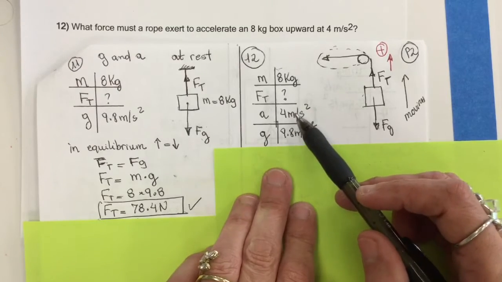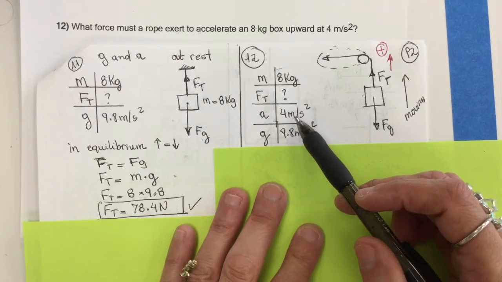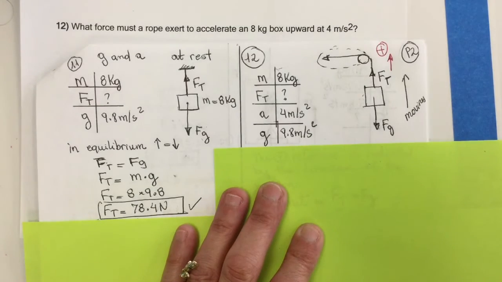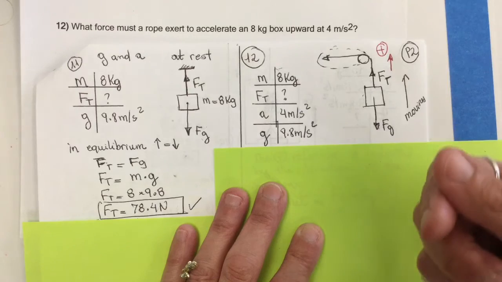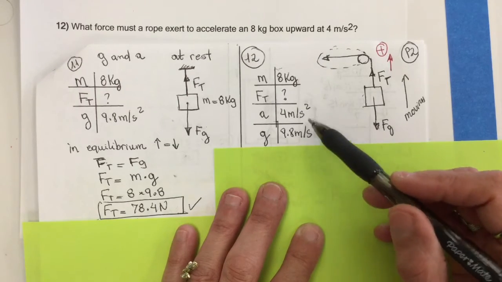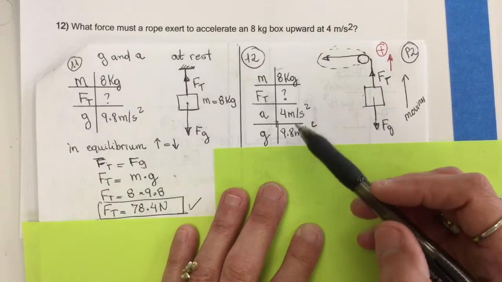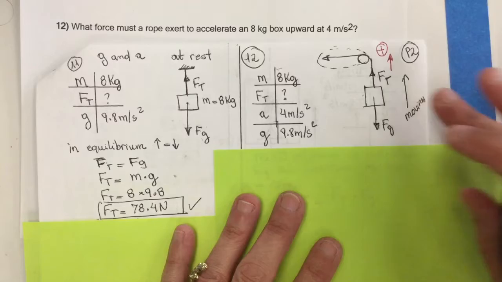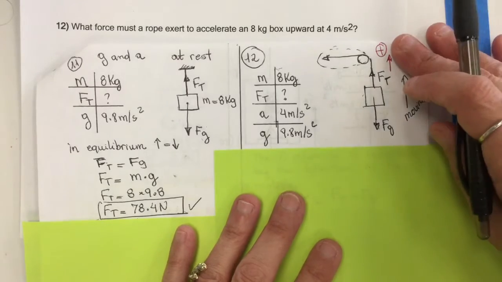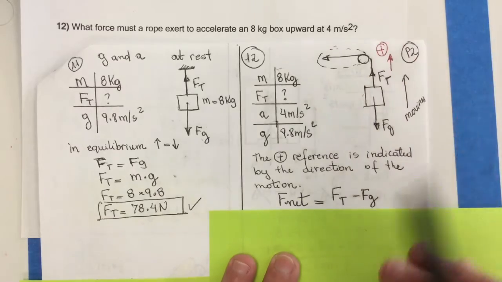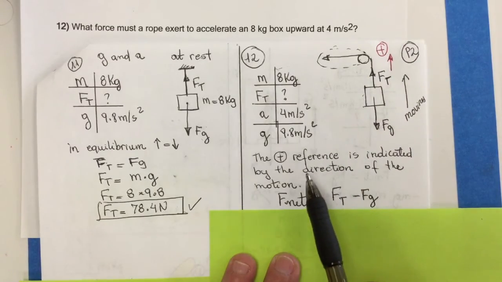Now this acceleration here is a controlled acceleration. It is acceleration that is due to the shift of velocity. So those are two very different things, even though both are acceleration. Okay, so to solve this problem, we are going to use Newton's second law, but before that, we need to establish our reference.